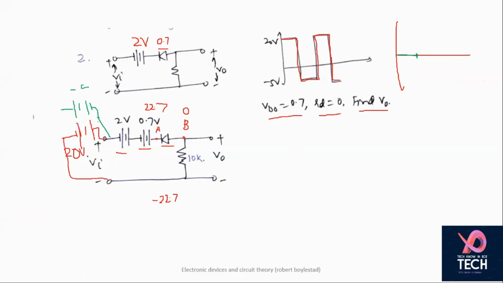Now this is in opposition to these two voltage sources. So minus 5 and 2.7, they are opposing each other. So it becomes minus 5 volts and this is 2.7 volts.